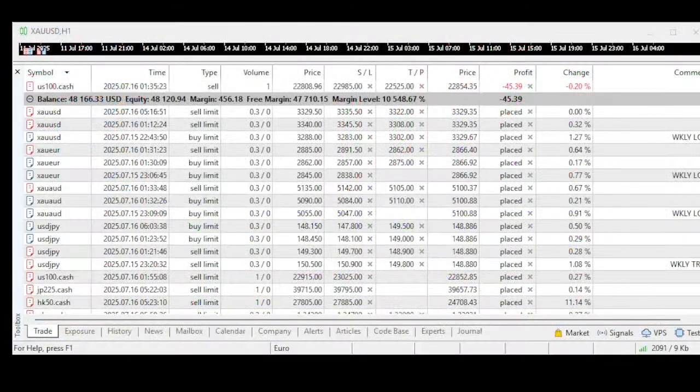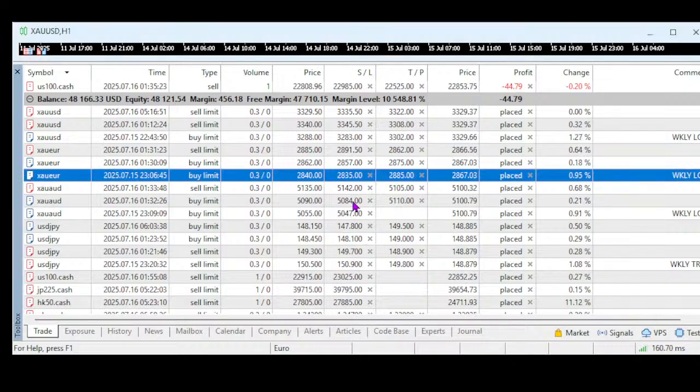Okay, let me register this in my mind. Okay, let's key in one by one. Okay, we have a buy order at 2845. Okay, this is a weekly. So that one we want to lower it to 40. Okay, 40. We'll put it as 35. And the target, since this is a range, so probably we'll just put it at 2885 first. Then later we'll do the adjustment. So this is going to be a weekly low.